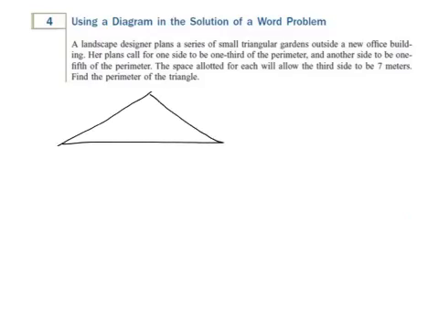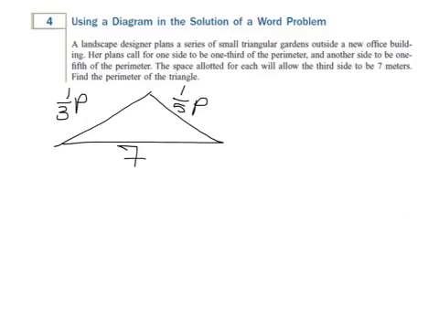One side is 1/3 of the perimeter, another side is 1/5 of the perimeter, and the third side is 7.